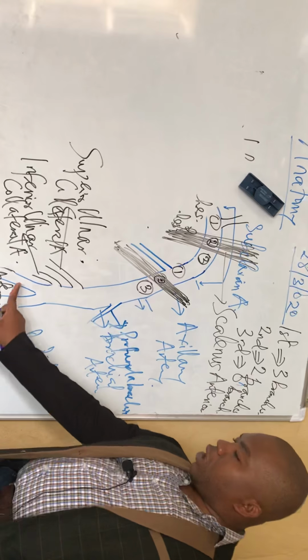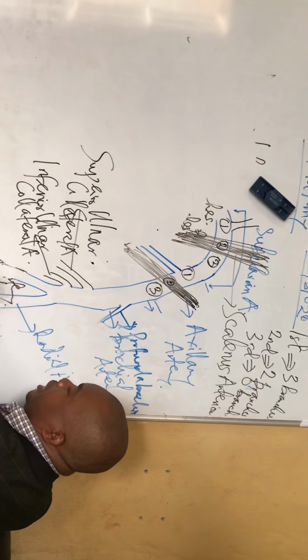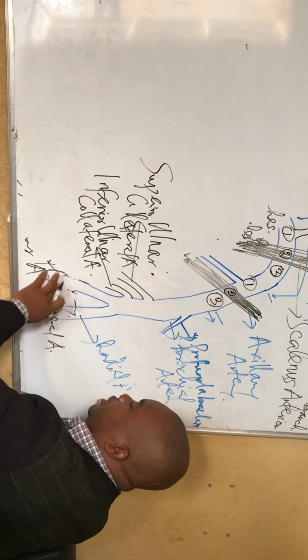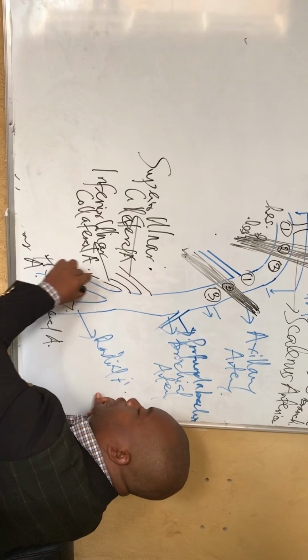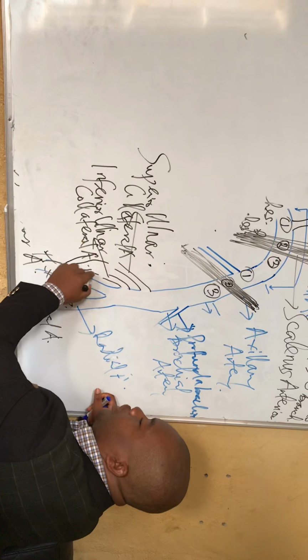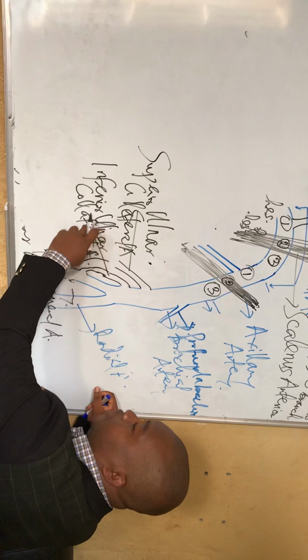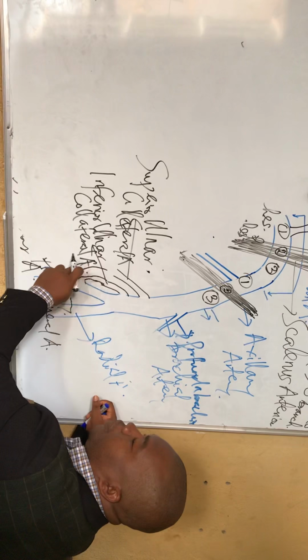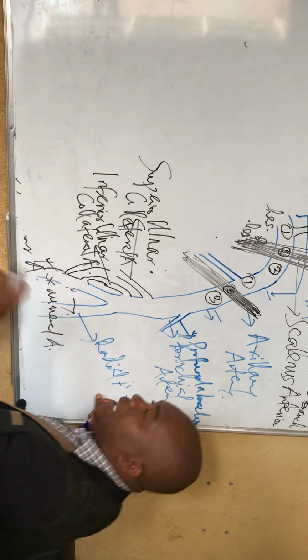Then as the brachial artery bifurcates into the ulnar artery and radial artery, on the ulnar side there is a recurrent branch. One will be on the anterior and one on the posterior. The one on the anterior will anastomose with the inferior ulnar collateral artery, while the one on the posterior side will anastomose with the superior ulnar collateral artery.